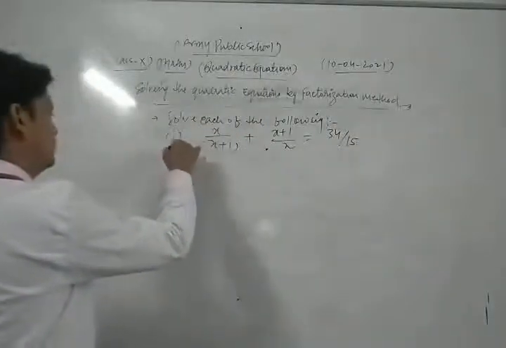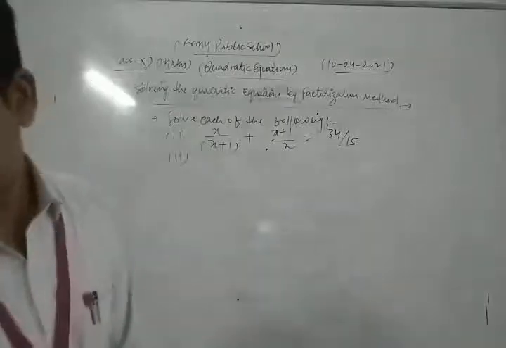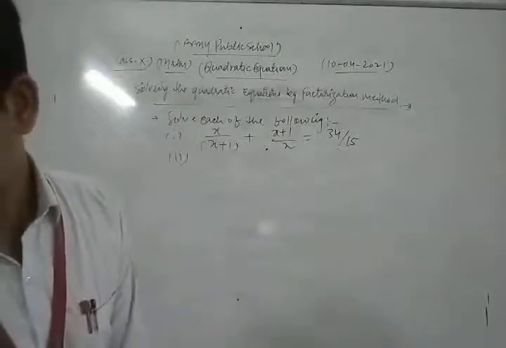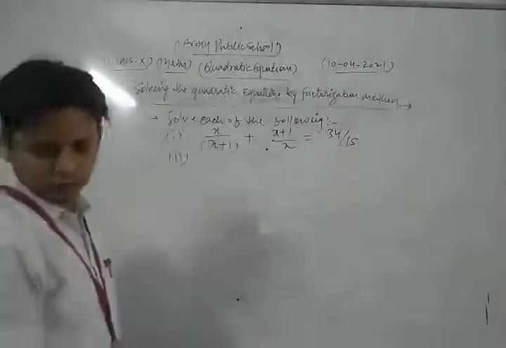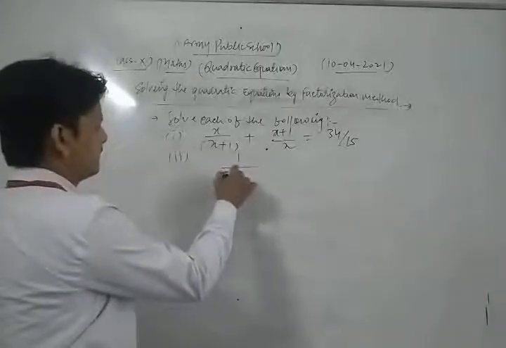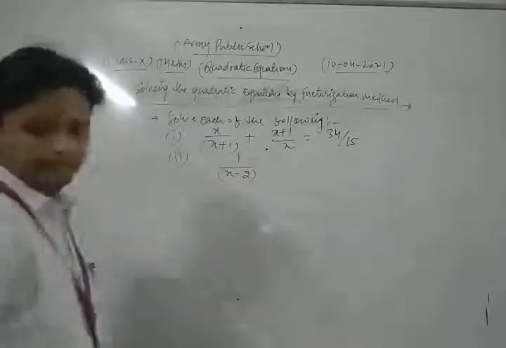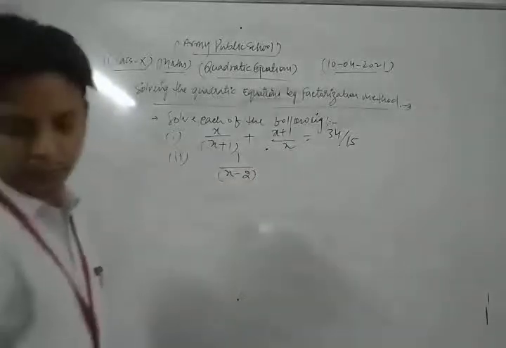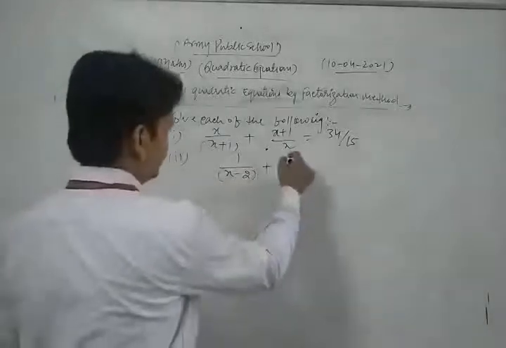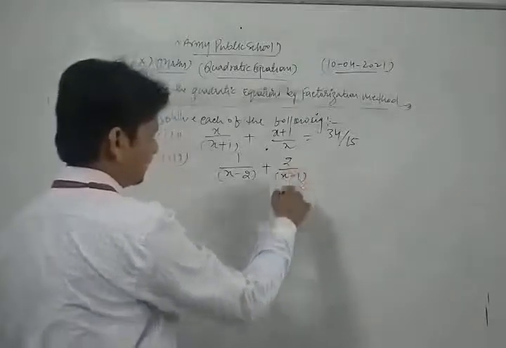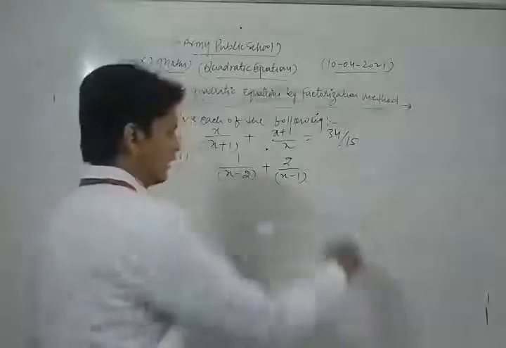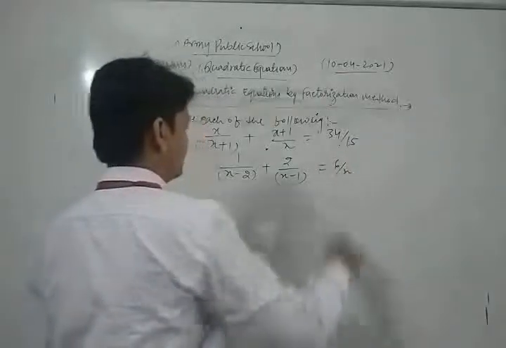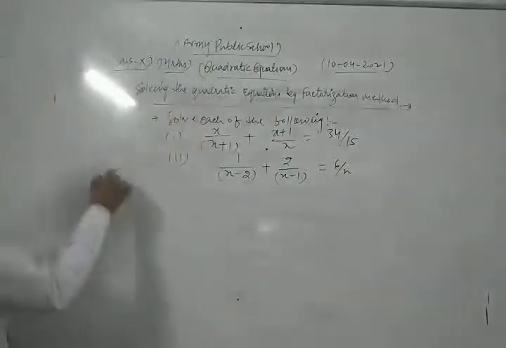And the second one: 1 upon x minus 2 plus 2 upon x minus 1 is equal to 6 upon x. Let's see its solution.